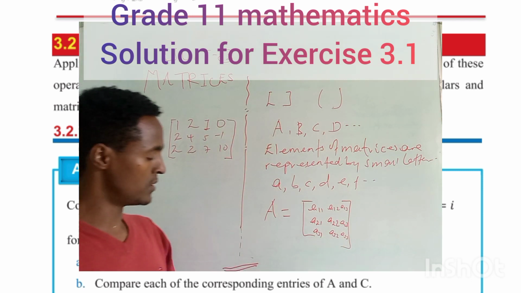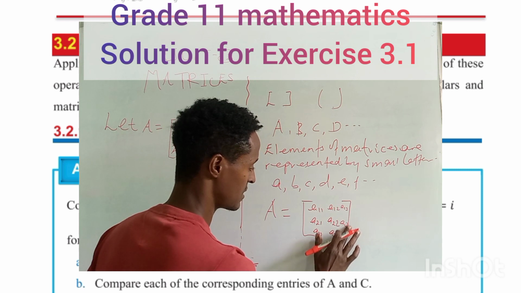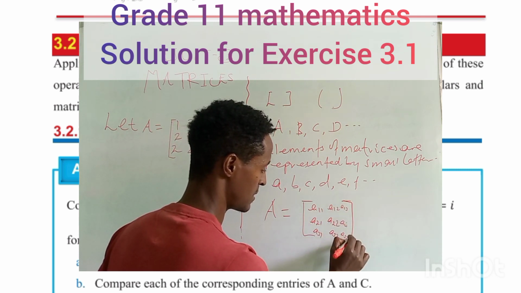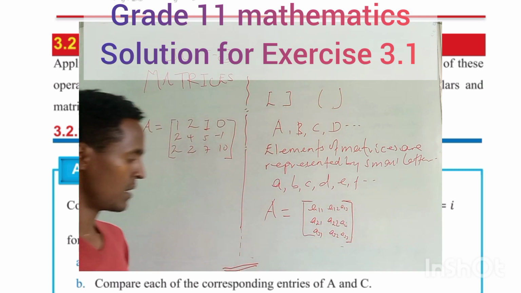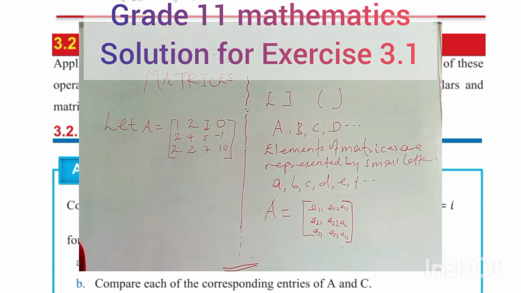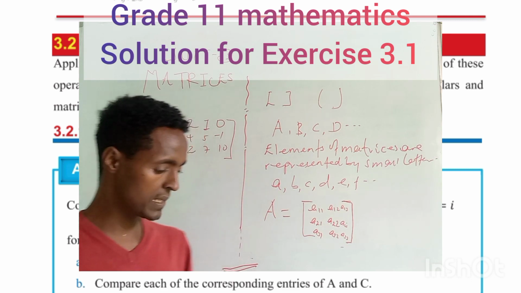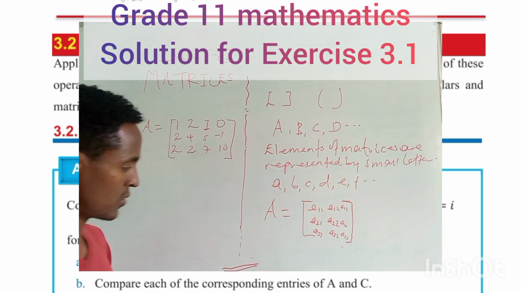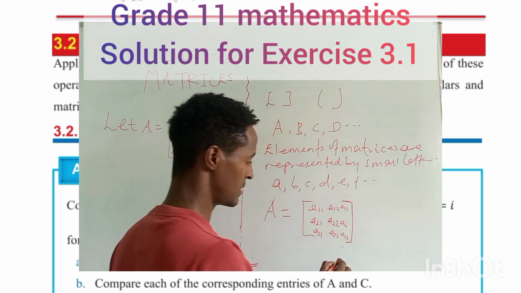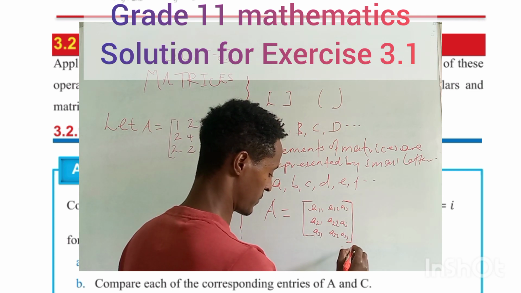So this is a matrix. Then a matrix can be recognized by its order. So the order of the matrix is given in the form of this one.